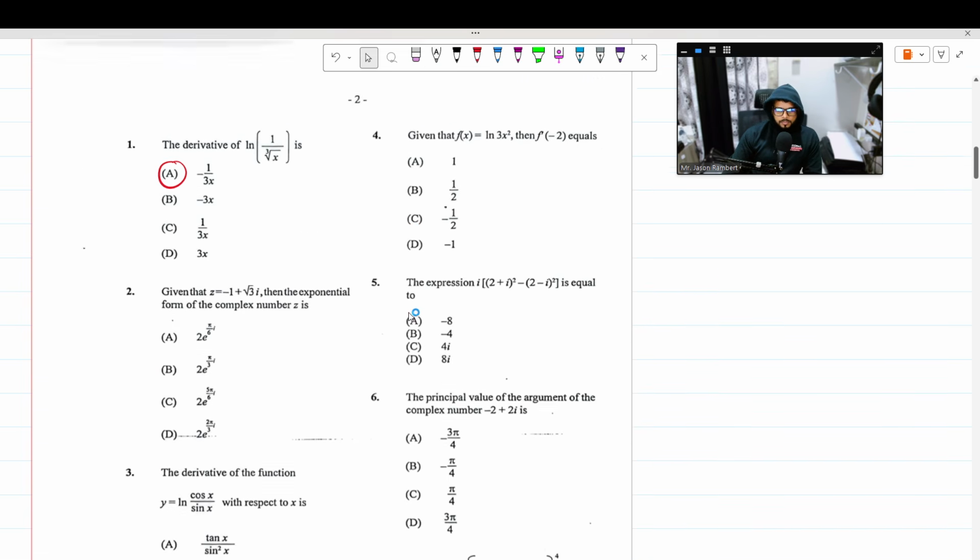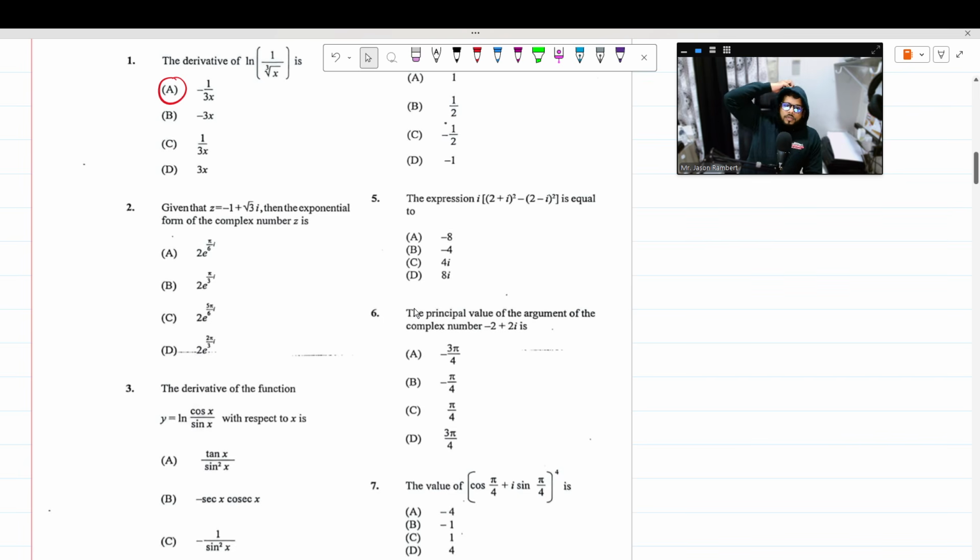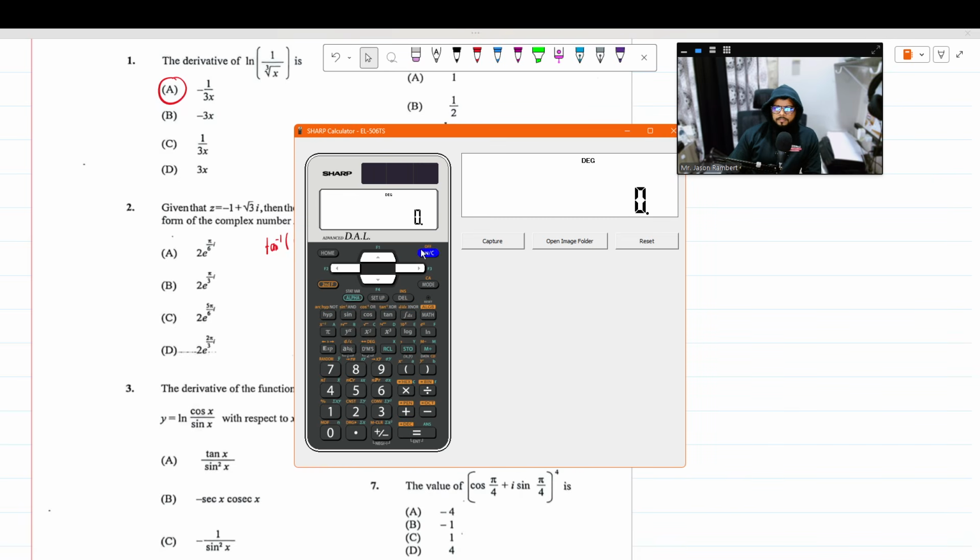1 over 3x. Number 2, given that z is equal to minus 1 plus root 3 i, the exponential form of the complex number is, so we're going to get tan inverse of root 3, which is 60 degrees.